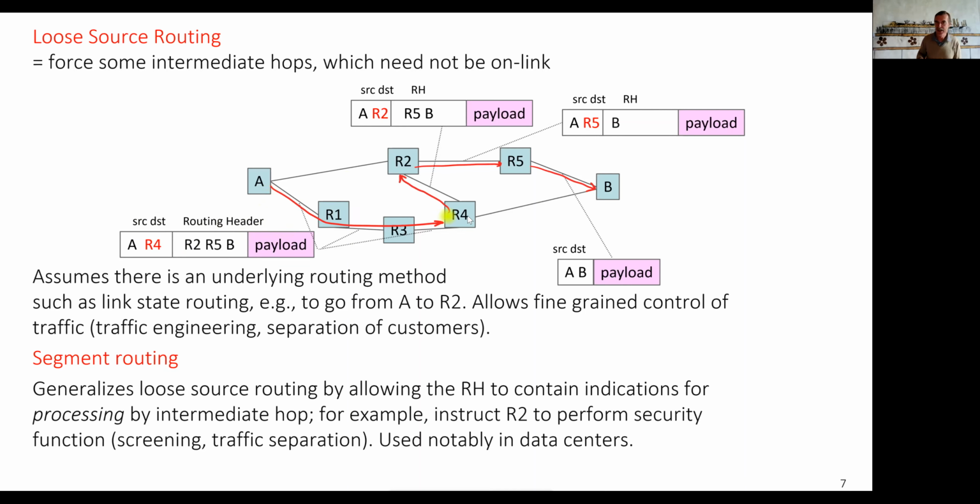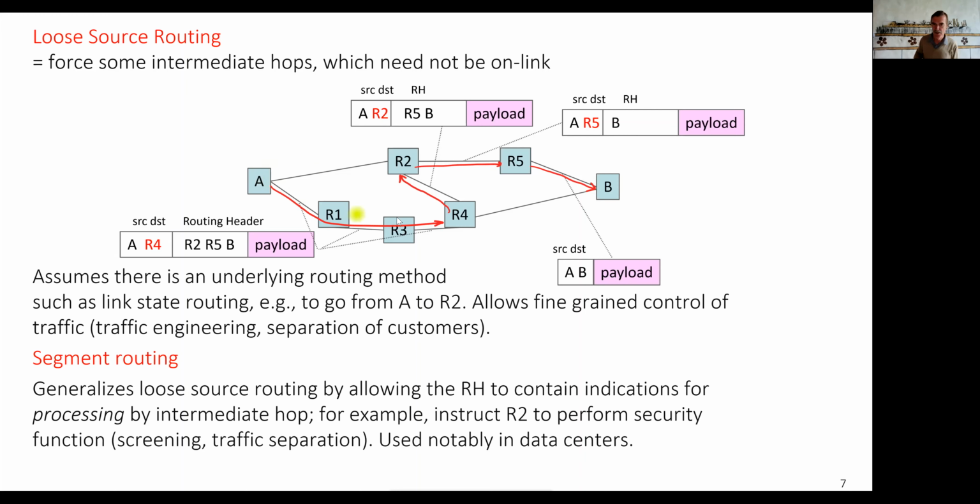But R4 does not need to be on link with A, which means there must be another mechanism, another routing protocol, for example, like OSPF, that allows us to go from A to R4. So loose source routing is a way to force some routing decisions that do not follow what the routing protocol says. So here we're saying in order to go to B, first go via R4, R2, and R5.